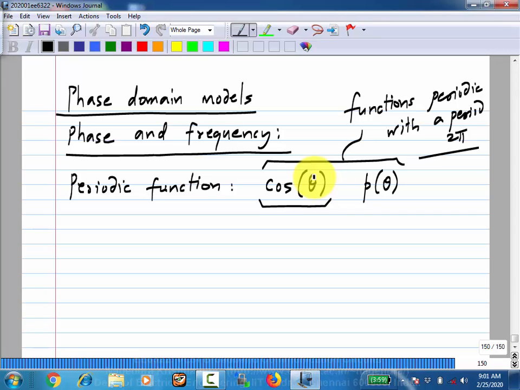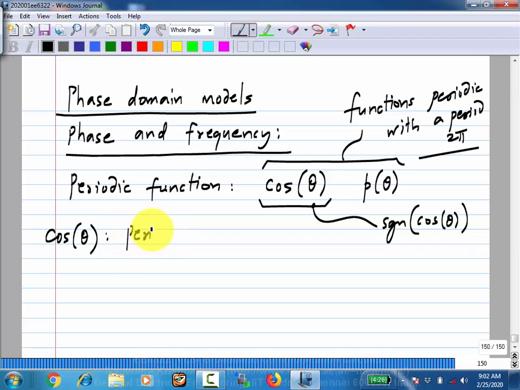And because this cos theta is so familiar, I'll use that. If you really want to, you can always take the sign of this, which turns this into a square wave. So this is a function periodic in theta.